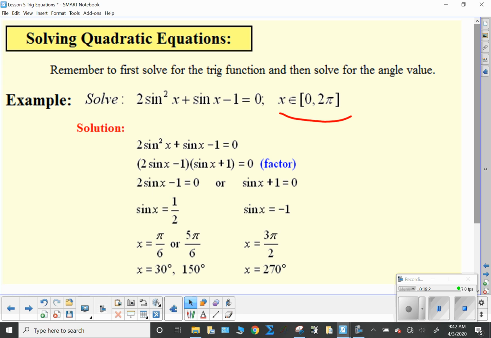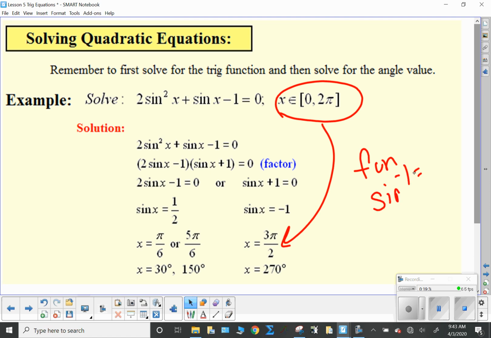And notice I gave 3 pi over 2 because it's in there. The function sine to the negative 1 of negative 1 equals x.